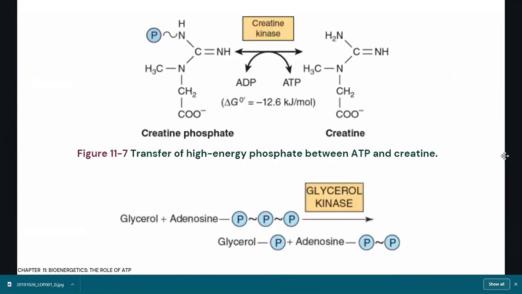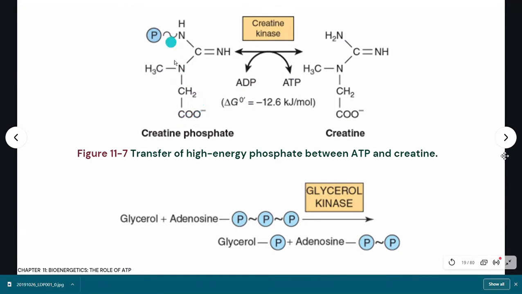Here are reactions. This is a reaction found in your muscles. The muscle contains creatine. If there's plenty of ATP, because you are well fed, this creatine is converted to creatine phosphate, which has a high energy phosphate.